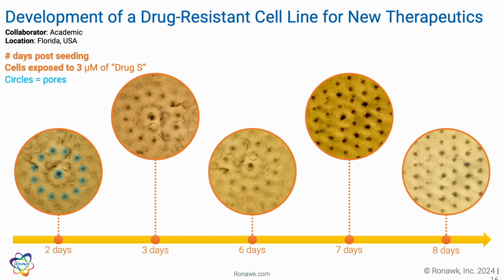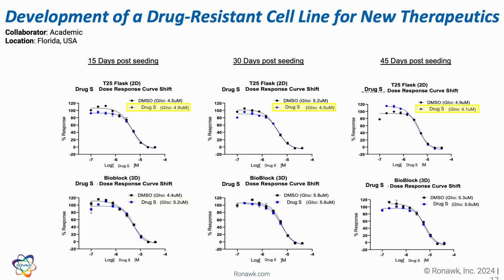And then by day 8, you can see the big cell populations inside of those pores. So she took this culture for up to 45 days. That's something that I believe I'm going to mention in the next section of data I'm going to present.